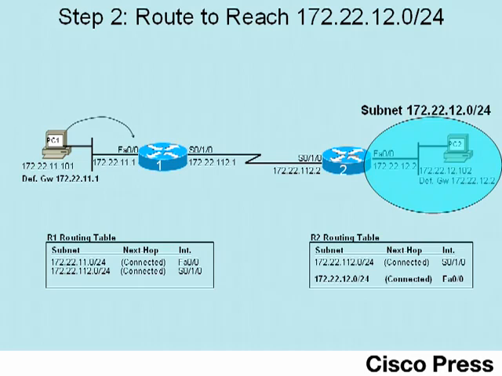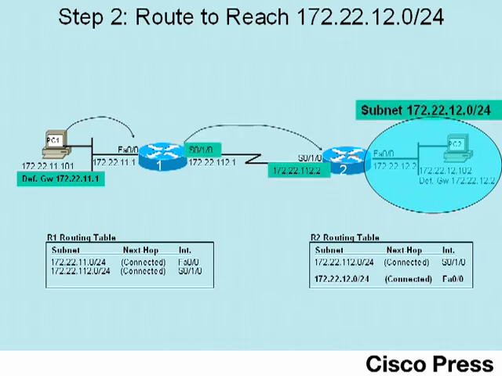First of all, thinking about PC1's logic, when PC1 wants to send a packet to a different subnet, like to PC2, PC1 simply uses its default gateway, in this case forwarding the packet over to router 1. When router 1 gets the packet that's destined to PC2, router 1 notices that it does not have a route matching PC2 as the destination address. So we'll need to add a static route as shown here. First of all, we'll add a static route that points to PC2's subnet, namely the 172.22.12.0 subnet.